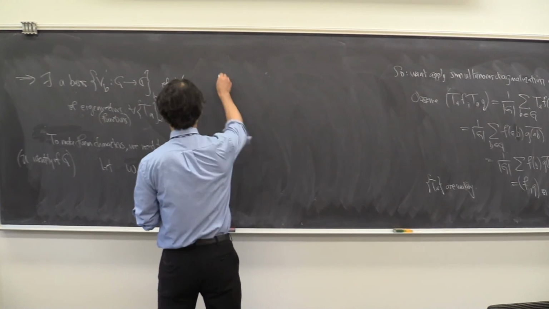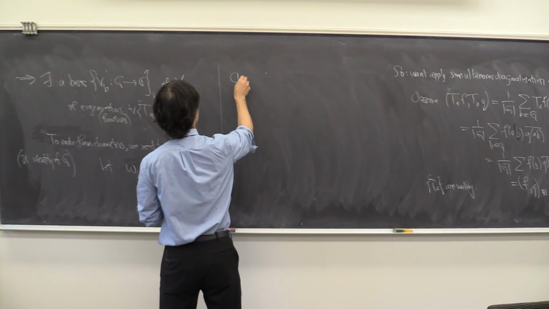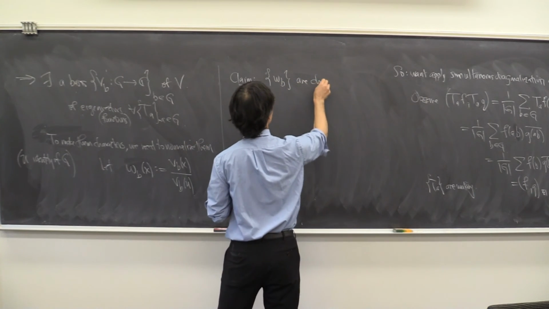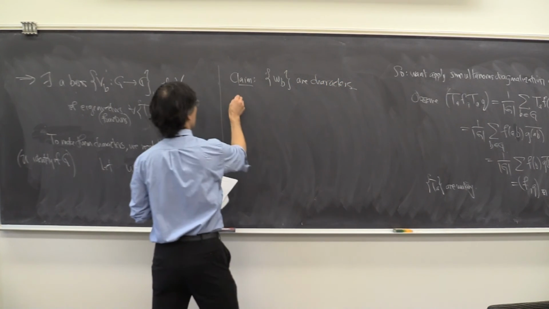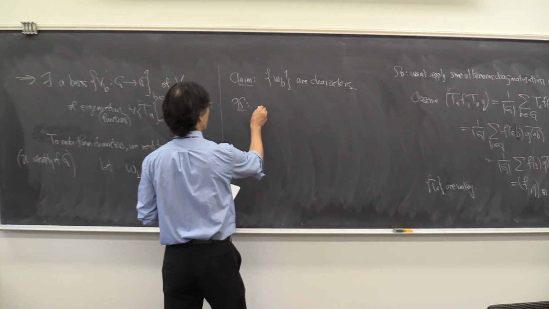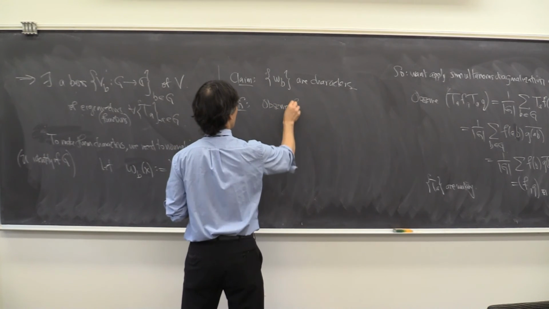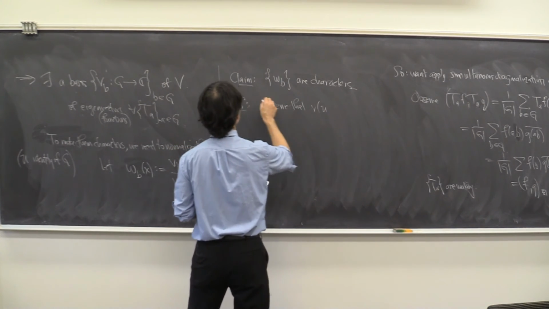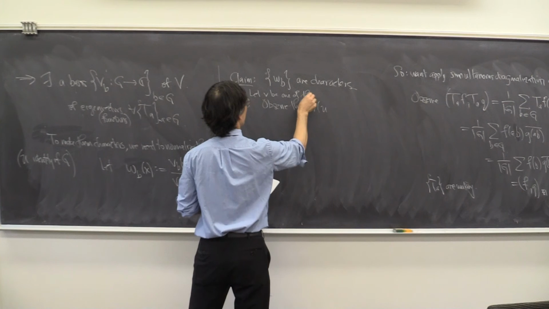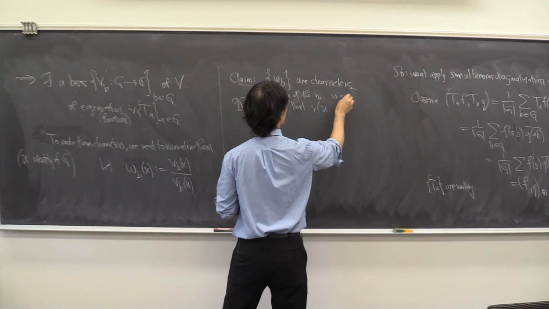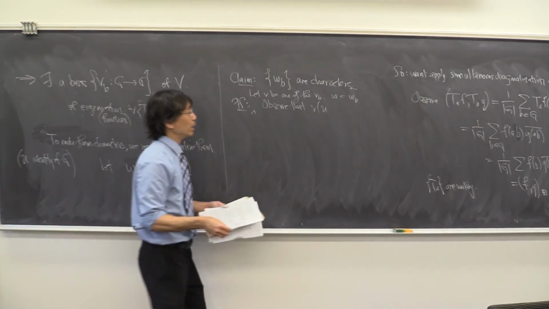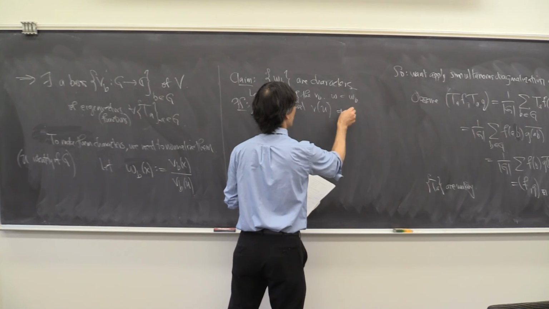Claim: the W_B are characters. Proof. First observe, letting V be one of the V_B and W be W_B, that V of U cannot be 0.